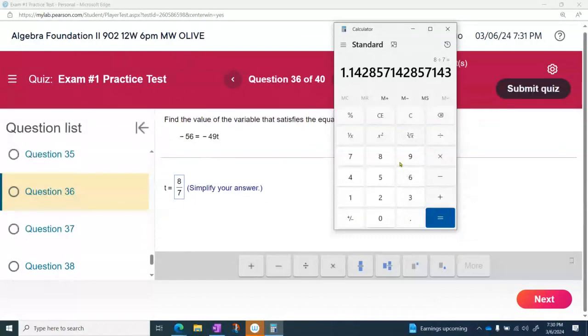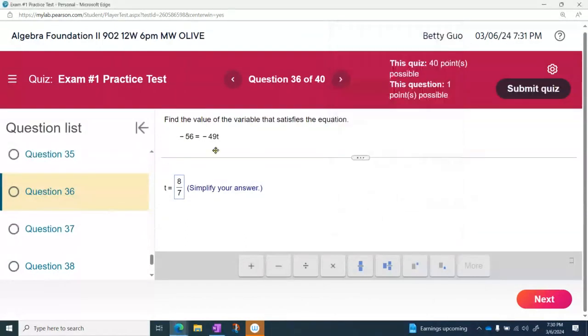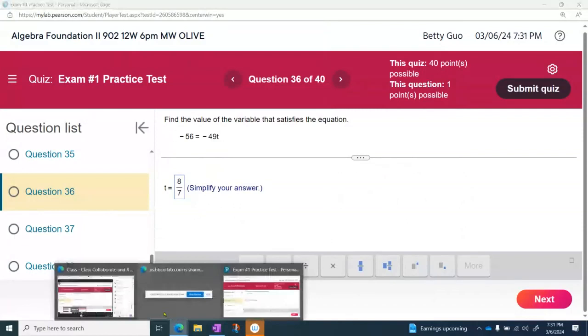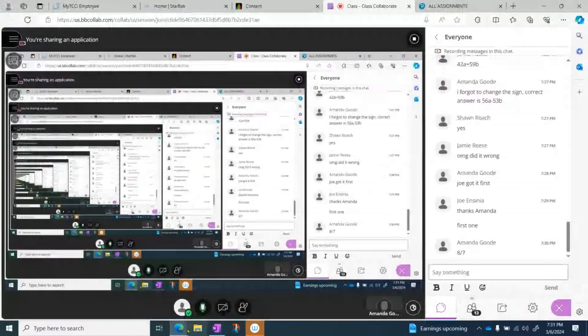You are looking for a solution. When you solve an equation, you don't round it. If you round it, that number is not going to satisfy the equation. So you have to give the exact answer, as a fraction, 8/7. Perfect. Let's continue.